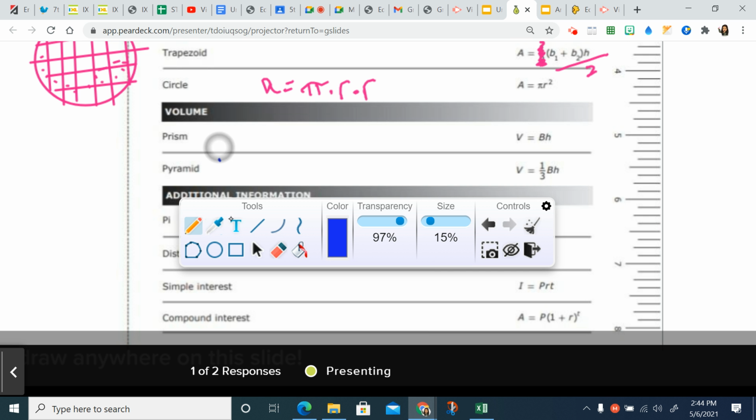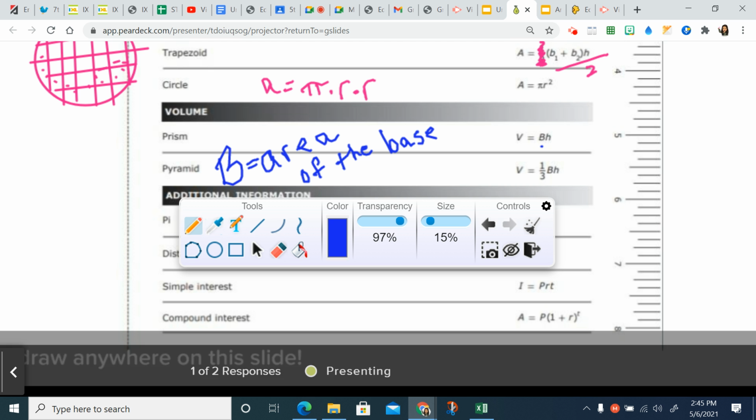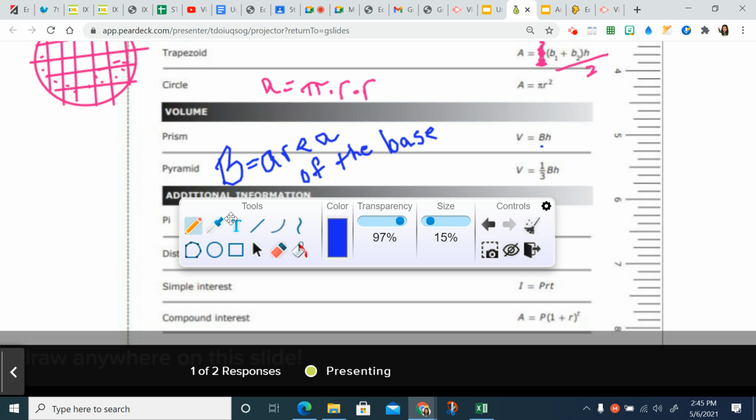Area of the base. I want you to write in big letters, covering both of them: big B means area of the base. So every time you see a capital B, remember that's not just base. That means you have to find the area of the base first and then multiply it by the height.